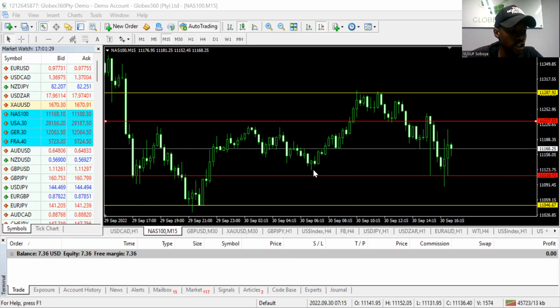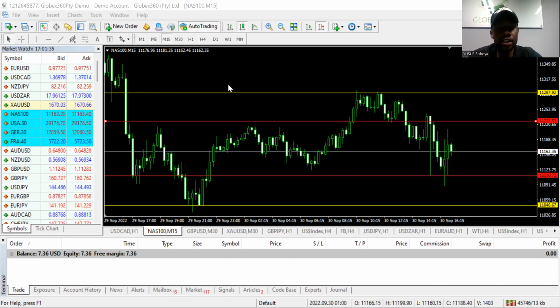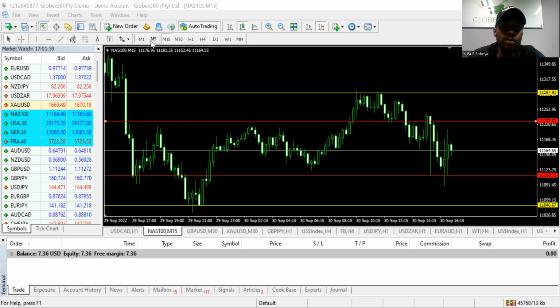These are called Forex trading time frames, right? If you are a day trader, we can focus on maybe hourly time frames. If you are a scalper, you can focus on a minute time frame.